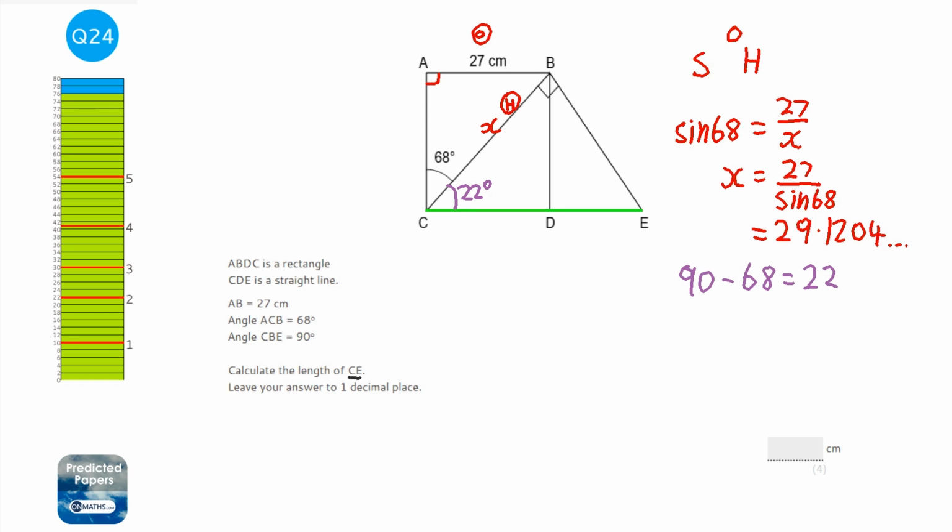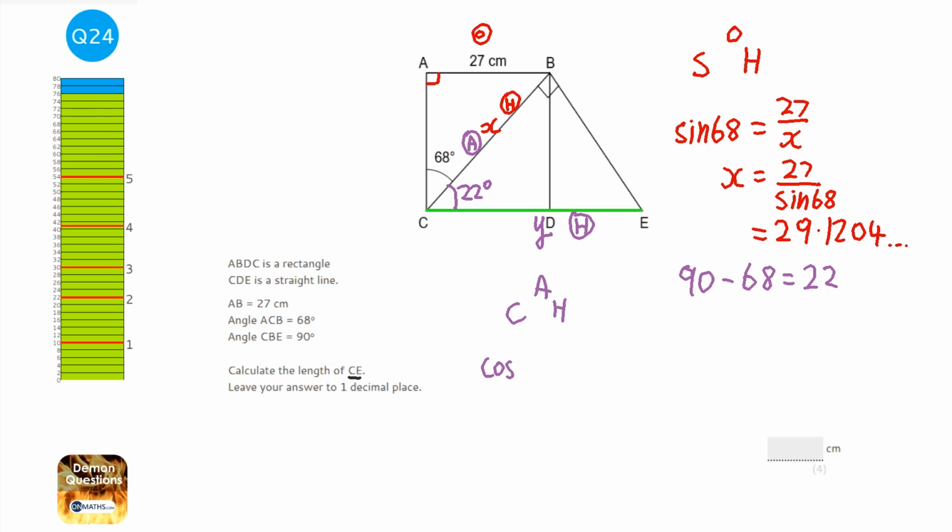Now I'm looking for this one, so CE. I'm going to call CE Y, and what have I got? I've got the adjacent here, so this is now the adjacent, and I've got the hypotenuse because this is opposite the right angle. So this time I'm going to be using cos, so it's CAH.